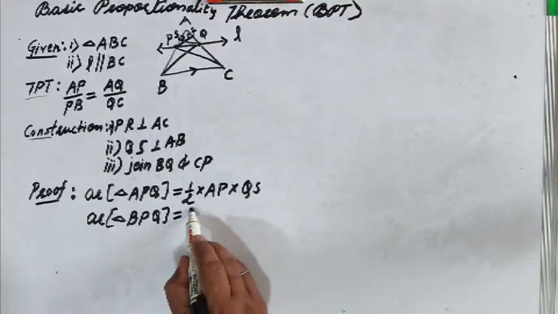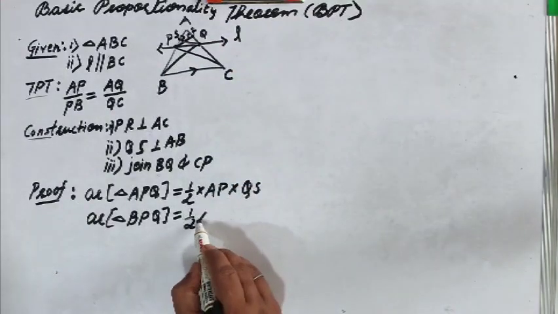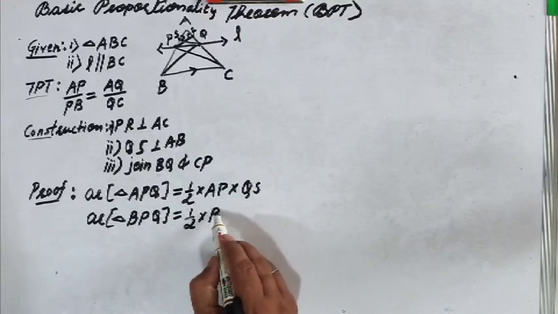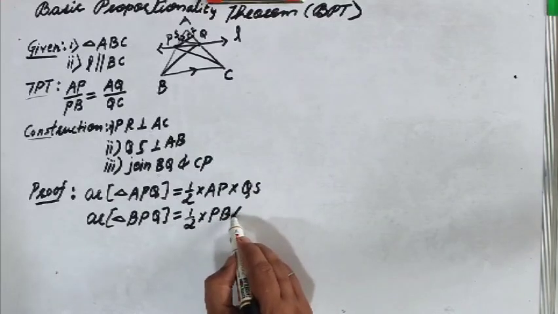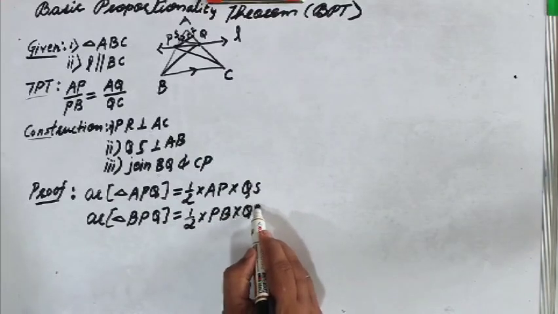So I can write here 1 upon 2 into PB into QS.